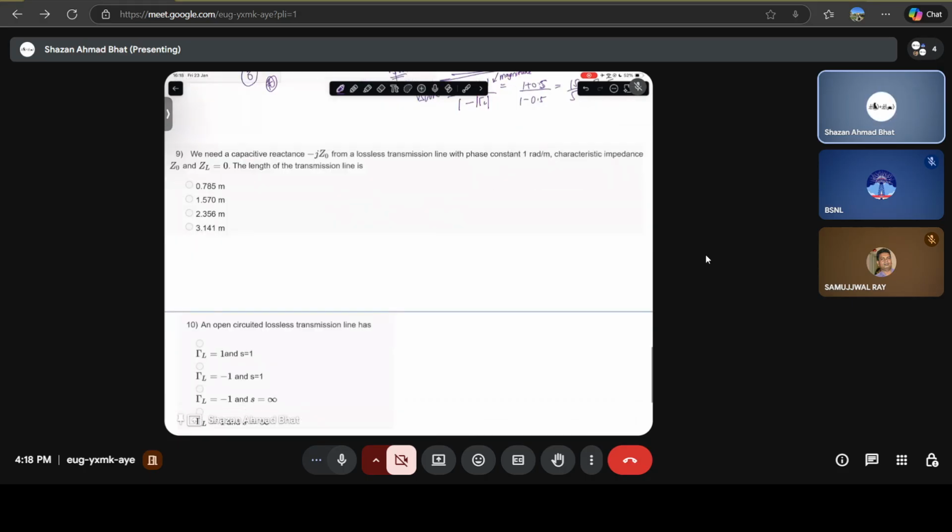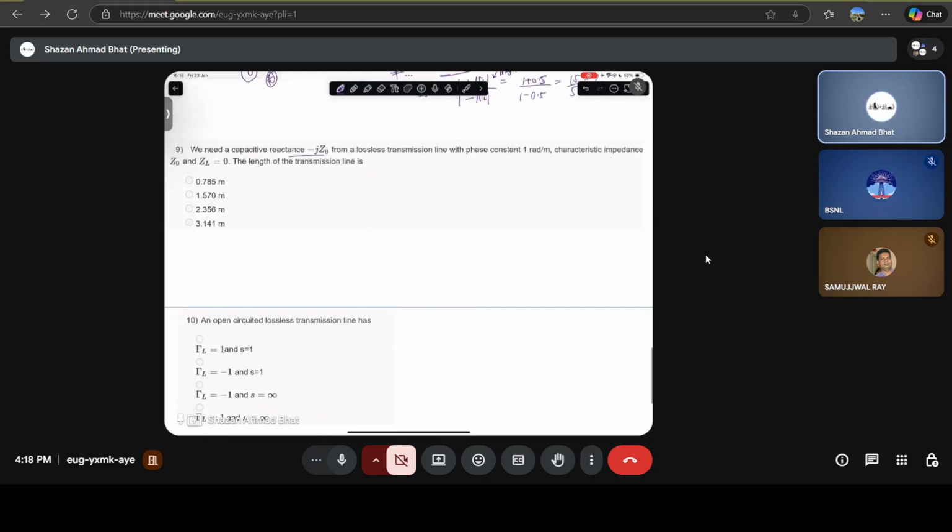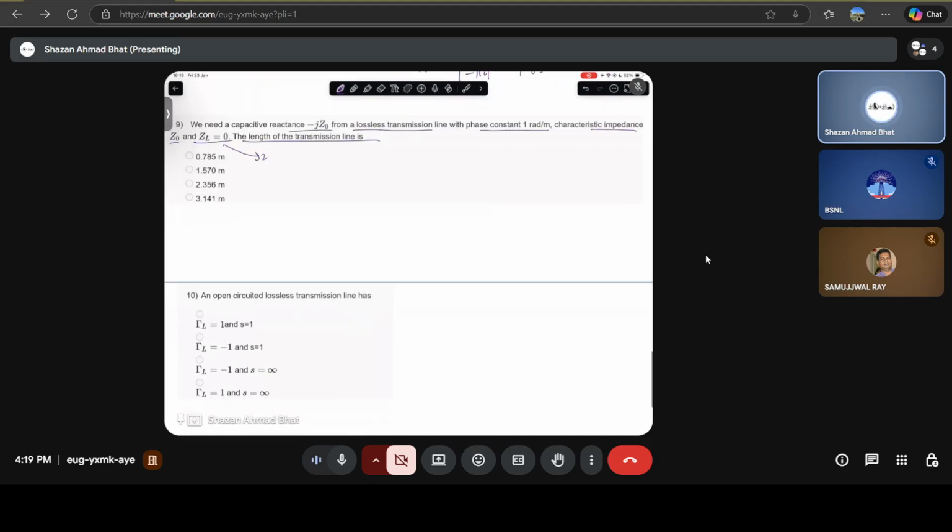And we need a capacitance from a lossless transmission line with this phase constant, this characteristic impedance, and ZL equal to 0. The length of the transmission line is. Since ZL equals 0, this is a short circuit at the load.